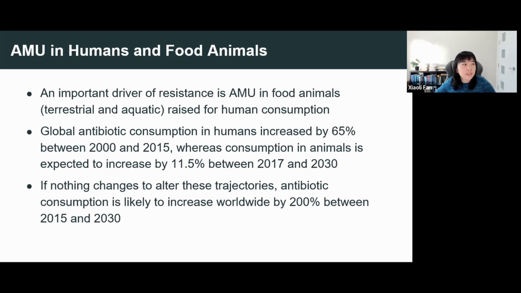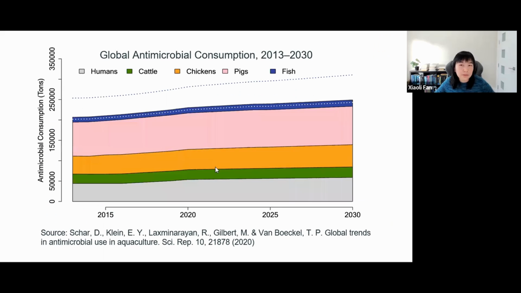However, overuse and unnecessary use of antimicrobials in food animals is a key driver of antimicrobial resistance. Because of the global population increase, our demand for protein is also likely going to increase. So if nothing happens in the future, antimicrobial use in food animals is likely to increase as well.